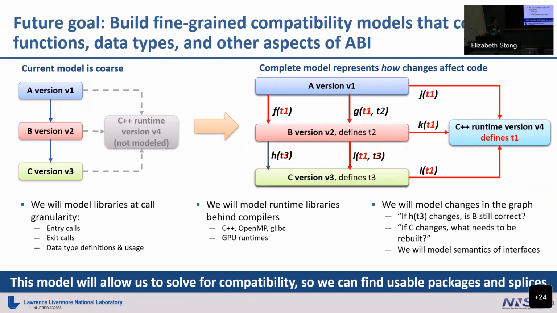But we have this type T1 that comes from the C++ runtime, and if you get a different runtime, you need to rebuild all of them. Because they all depend on that type, you're not going to be able to get away with swapping it.